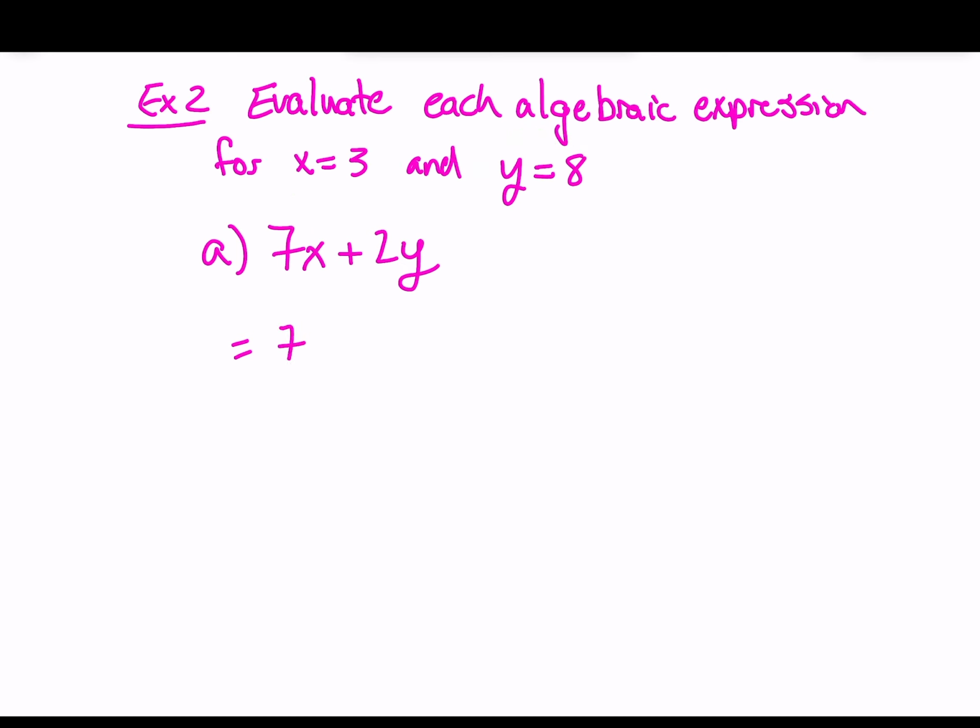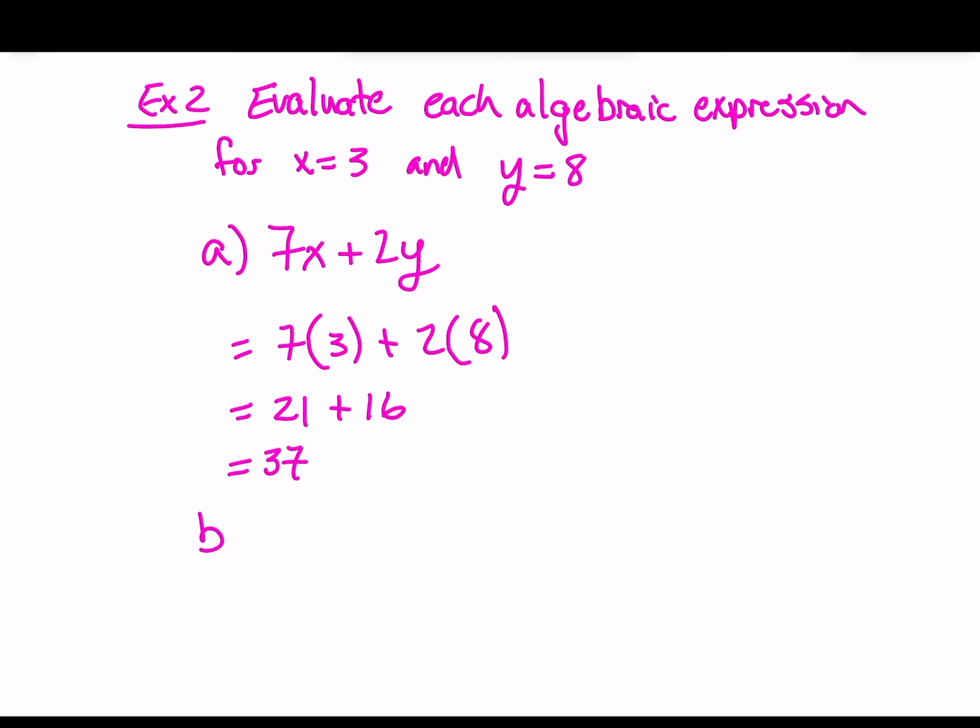So we say 7 times 3 plus 2 times 8. And we can perform those two multiplications. 7 times 3 is 21, plus 2 times 8, which is 16. And then we do the final addition here, and that is 37.